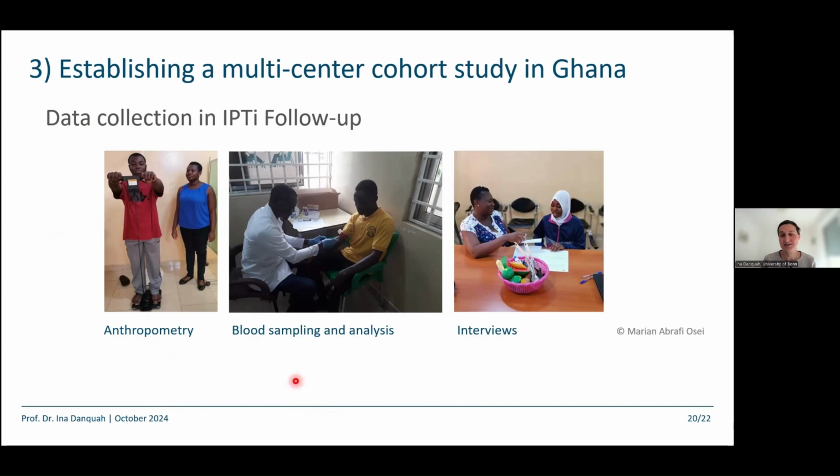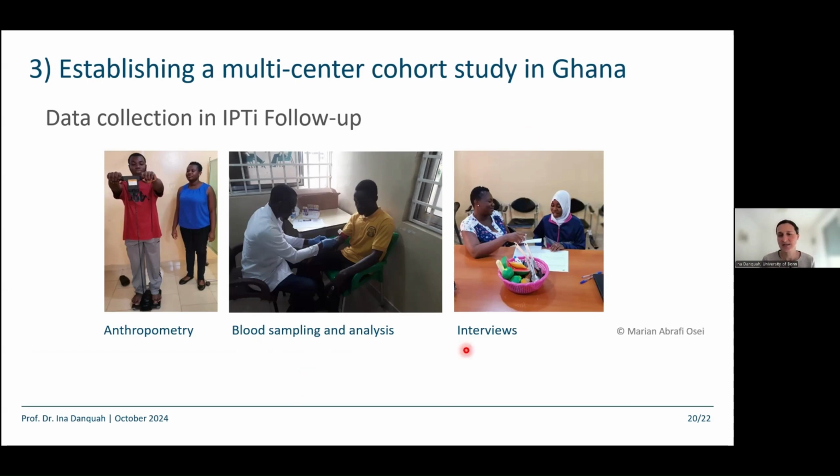We are also taking blood samples and doing analysis on site, which are basically the routine clinical analysis, such as a lipid profile, for instance, or inflammatory profile. But we are also processing the samples for DNA, for epigenetic analysis, and more sophisticated analysis looking at immunologic markers, for instance, which will then be shipped to dedicated laboratories in the European Union.